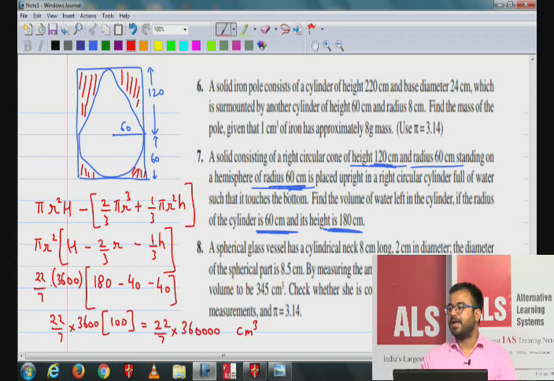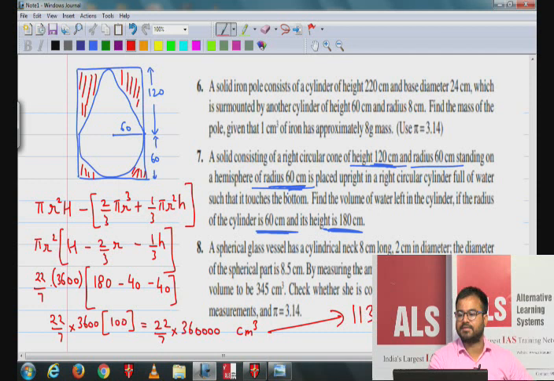Now you can also convert this answer in terms of meter cube. If you want to convert it into meter cube, you remember that you have to divide it by 10 lakh, that is 100 into 100 into 100. You are giving the answer as 1131428.57, right?